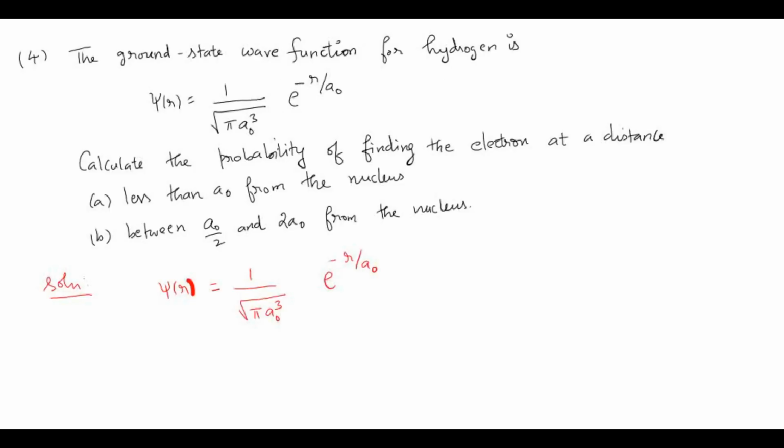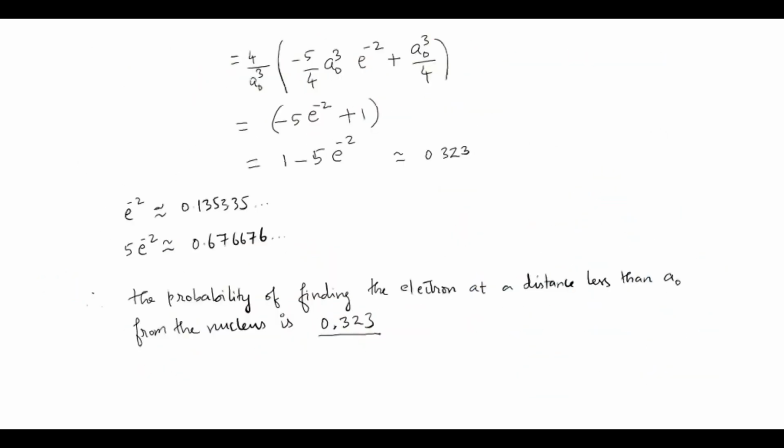Okay, between a naught by 2 and 2 a naught from the nucleus, we will calculate the probability. So the second part, the B part. Now what is the probability?